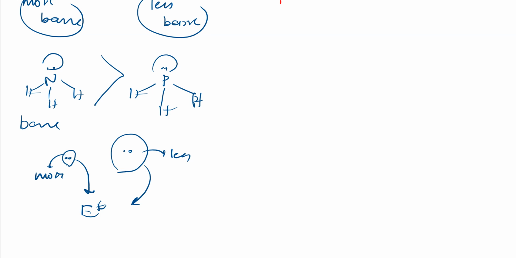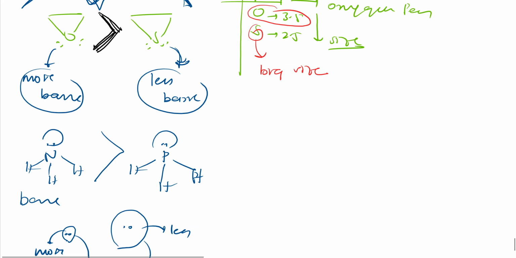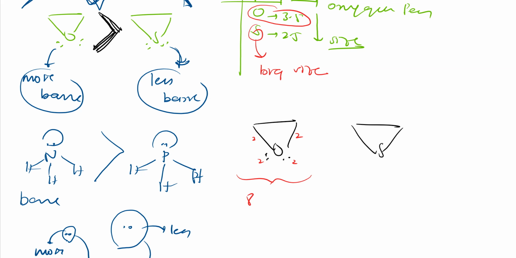The same thing holds here also. So in basic character, oxygen will be more basic than sulfur. That's one thing. One more difference: oxygen follows the octet rule. If I count 2, 2, 2, 2, total 2, 4, 6, 8, I get 8 electrons.